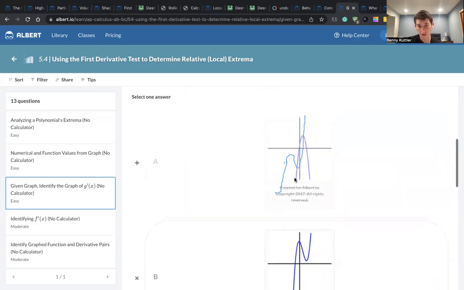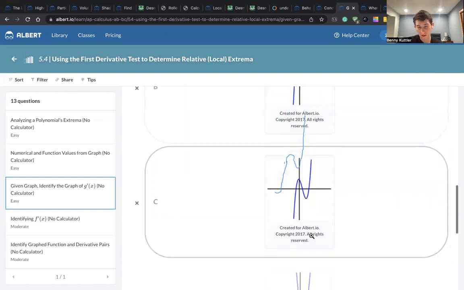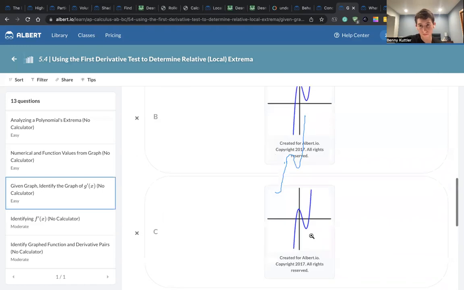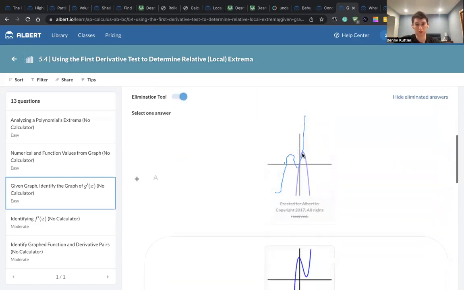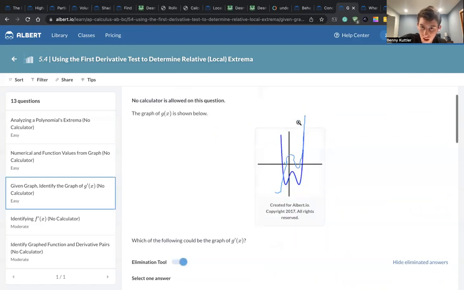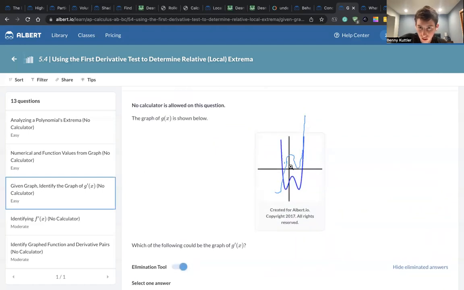If we want to line this up, it's a little bit harder when the graphs aren't lined up directly. But there should be a maximum a little bit greater than 1, and then it goes to 0.